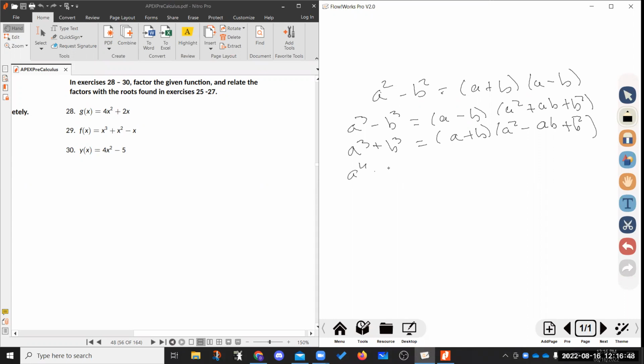We get into a difference of fourth powers that's going to break up into a squared plus b squared times a squared minus b squared. That's going to be a squared plus b squared times a plus b times a minus b. This is going to continue to break down.